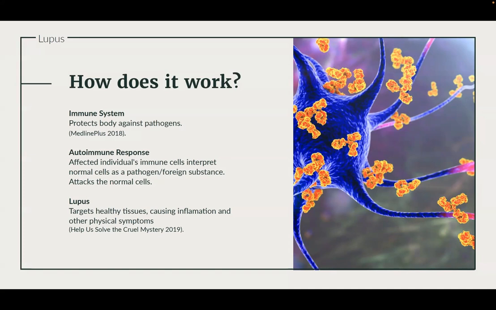Instead of fighting off harmful pathogens, it starts attacking the body's own healthy cells and tissues. This can cause chronic inflammation, which will then affect different organs and systems throughout the body, leading to a range of symptoms that we will dive into later.